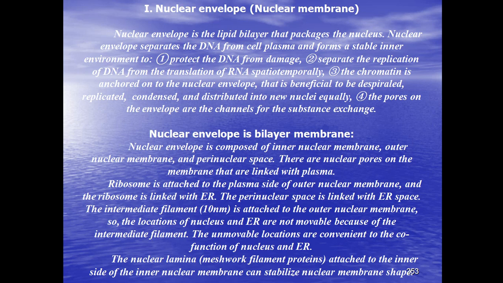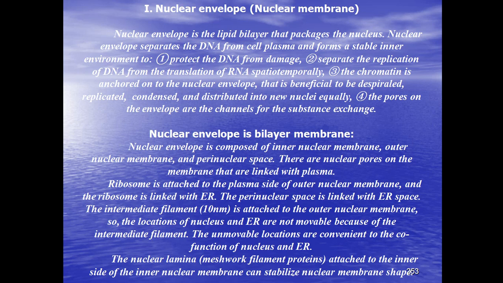There are some intermediate filaments which are of the size of 10 nanometers. They attach to the outer nuclear membrane. So, the locations of the nucleus and endoplasmic reticulum are not movable.